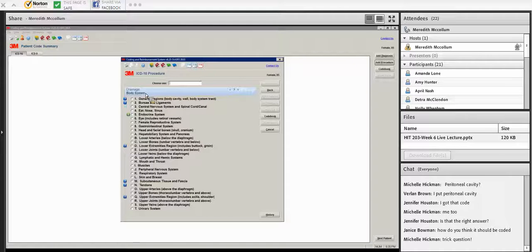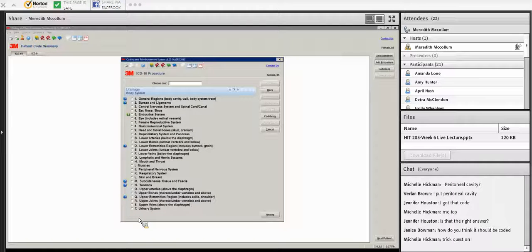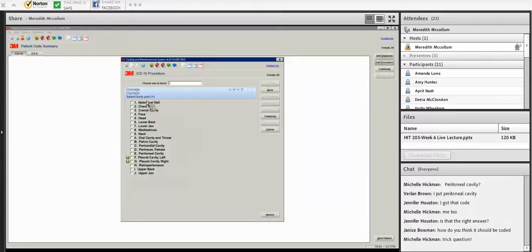Drainage, because drainage to me is not that. So, and then it was, let's see. It was general anatomical regions or pelvic. Oh, there we go. General regions, the pelvic cavity. I don't know that it said what, did it say what part?